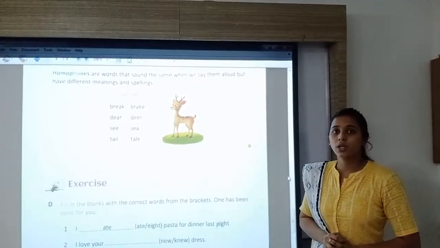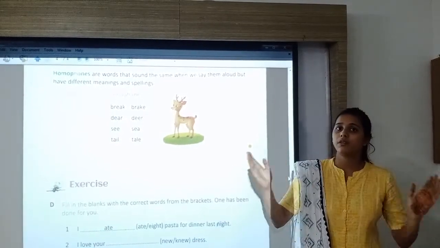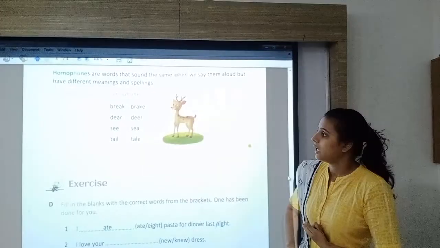Now I will explain how these words differ from each other. Break, that means todna, and B-R-A-K-E, brake, that means to stop, rokna. So both these words sound similar but have different spelling and different meanings. So these words are known as homophones.